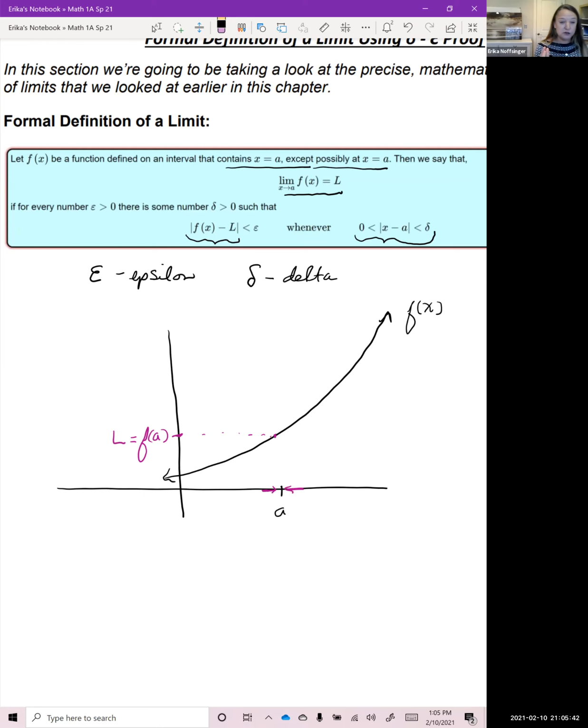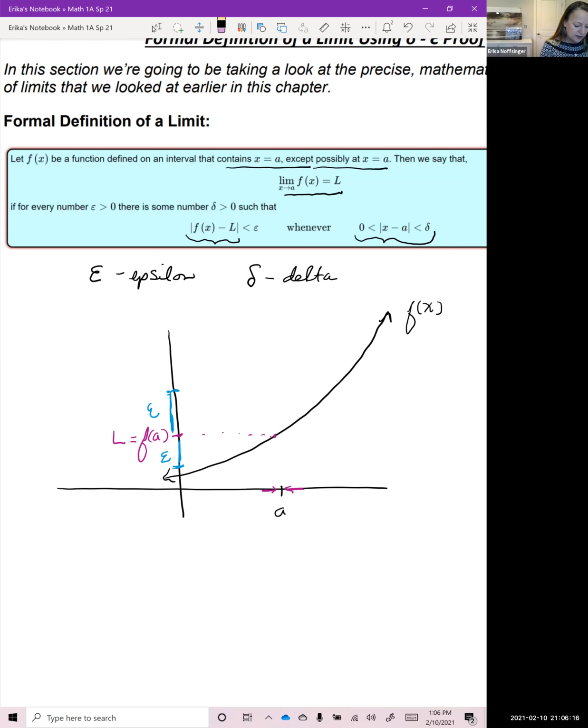We're going to choose some value of epsilon, and go up a distance of epsilon from L, and go down a distance of epsilon from L. So if we can find some value of epsilon bigger than 0, such that there is some delta that is greater than 0.